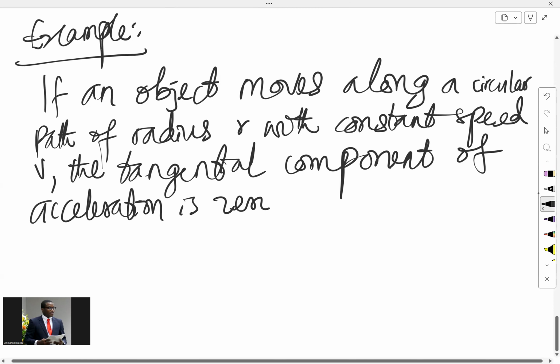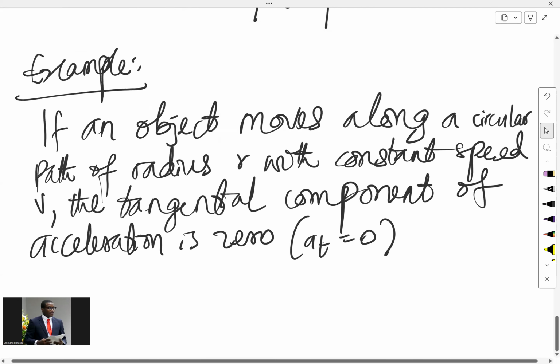You know, it's constant speed. So the tangential component of acceleration is 0. That means a sub t is equal to 0.